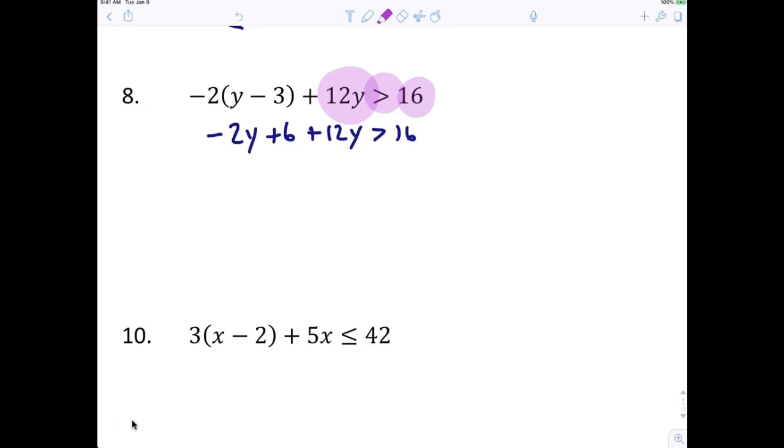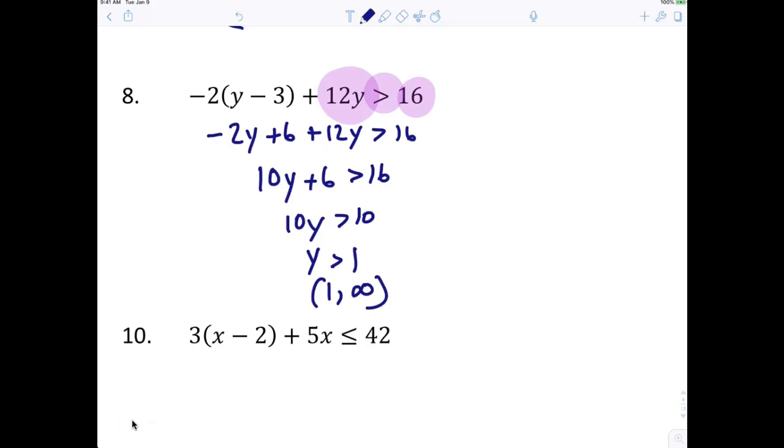Sometimes I think it's just easier to do it this way. So now we have 10y plus 6. 10y is greater than 10, so y is greater than 1. 1 to infinity. Feel good about that? That's not hard, guys.